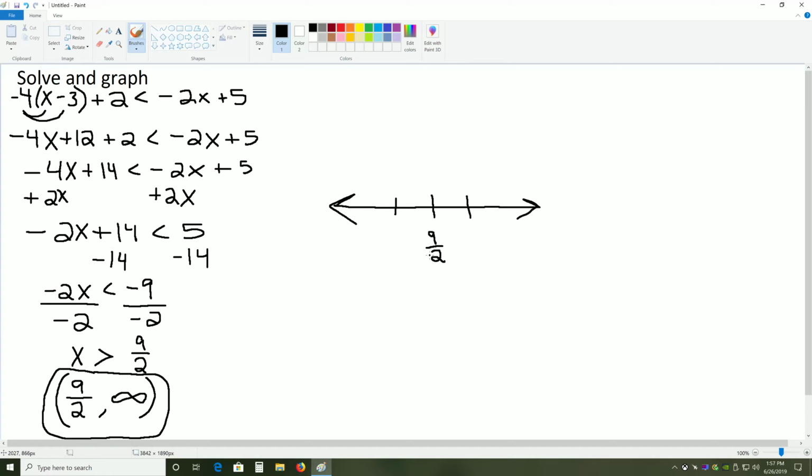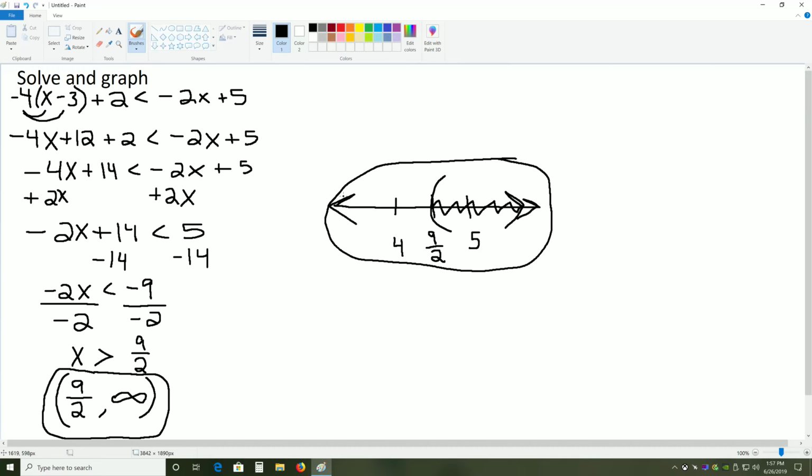So 9 over 2 means 4.5, so we can put 5 and 4 on each side of it. And x is greater than this value means we're going to start with a parenthesis at 9 over 2, pointing to the right, and then we will shade to the right and make a second arrow. And this is our graph for the original problem.